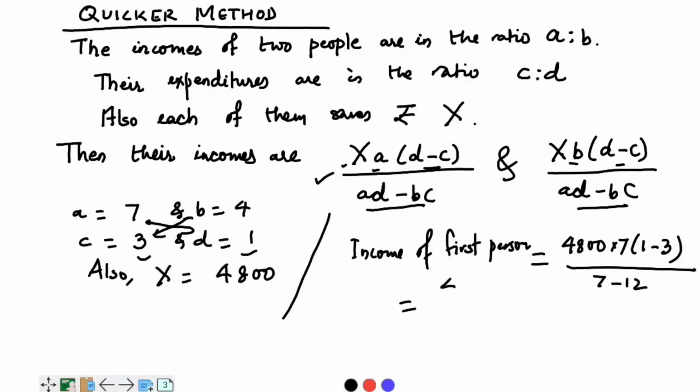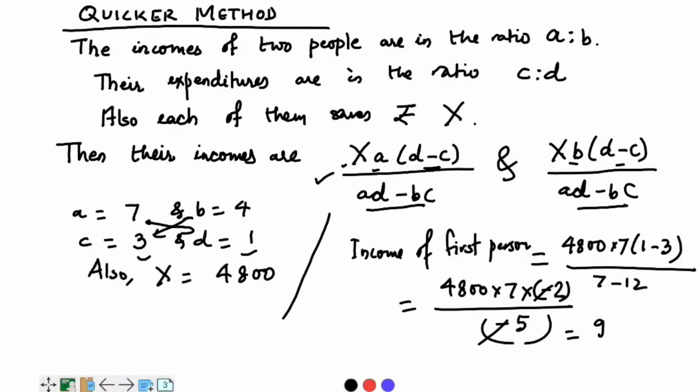So it will come out 4800 multiplied by 7 multiplied by minus 2 divided by minus 5. This minus minus will be plus. So it will come out 960 into 14. 14 multiplied by 960 will be the income of the first person.